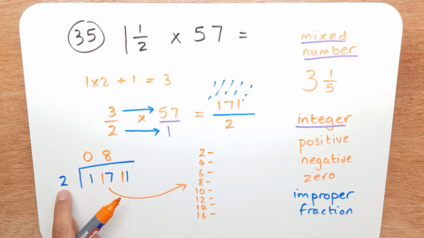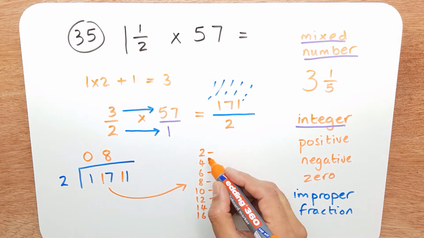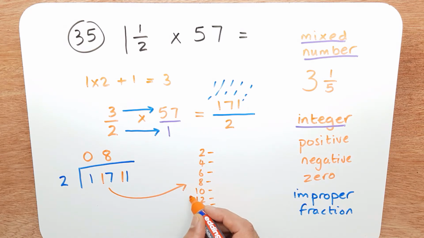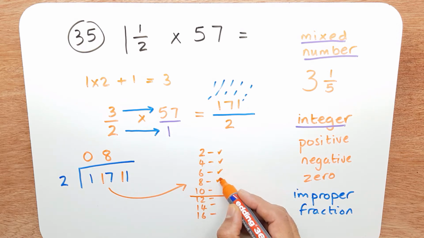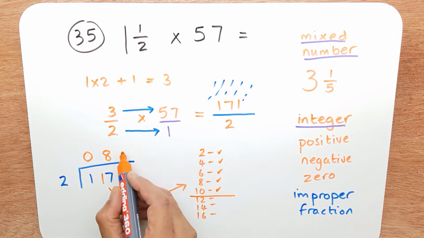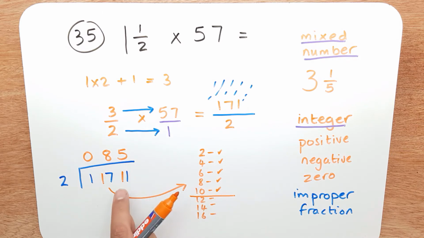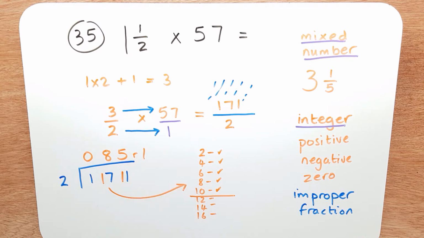Now we ask ourselves, how many 2's are there in 11? Let's have a look here. 1, 2, 3, 4, 5. We can go up to 10. So there's 5. And we've only used 10, but we had 11, so it's 85 remainder 1.